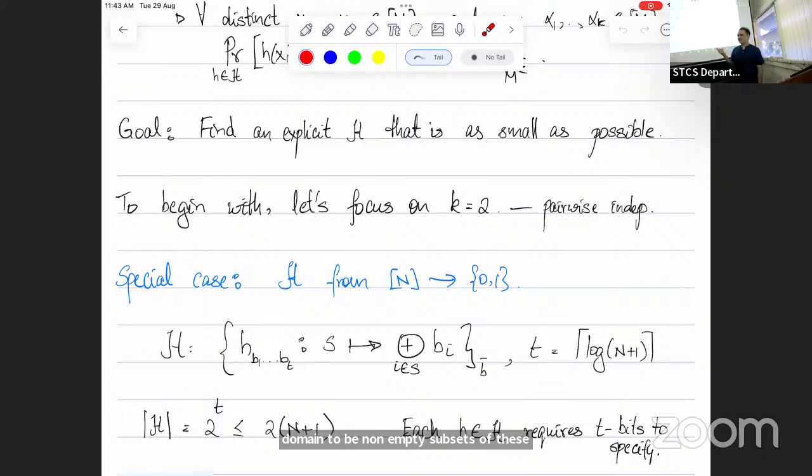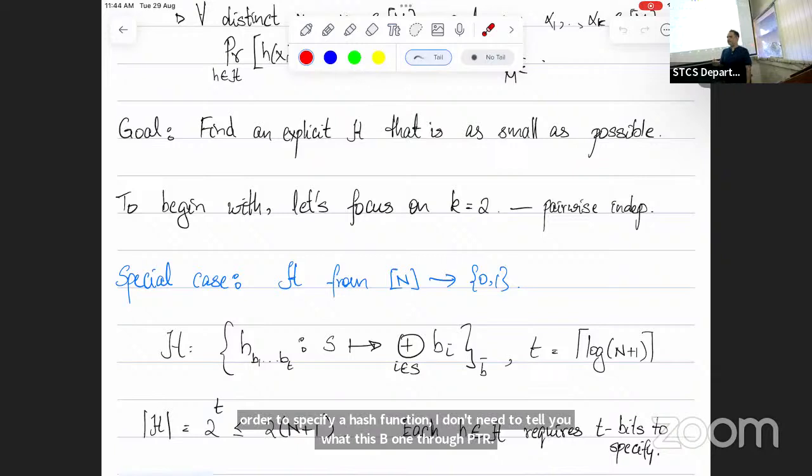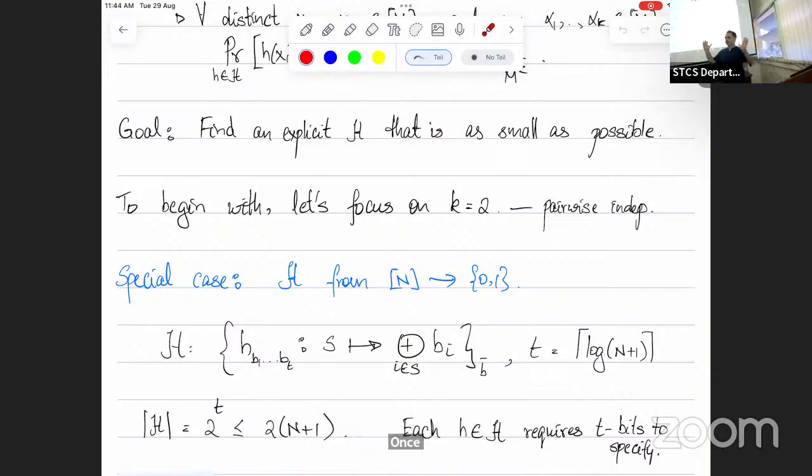I don't know if I used k in the previous lecture, but I'm using k for independence, so I'm just trying to find some other letter for this. The important thing is that in order to specify a hash function, I now need to tell you what this b1 through bt are. Once I tell you what b1 through bt are, you know the truth table of the hash function, so to speak. You know its values on all the endpoints.